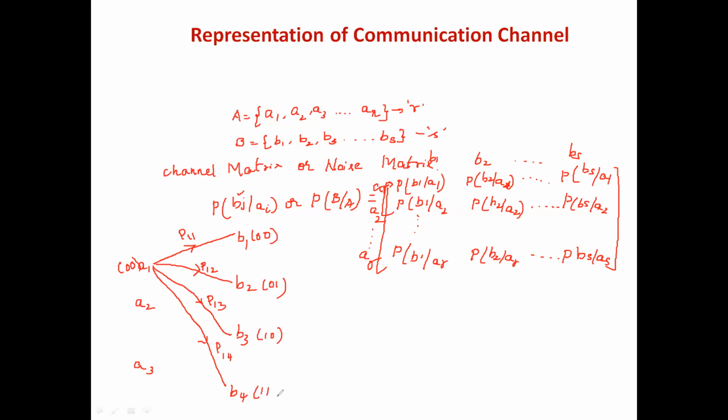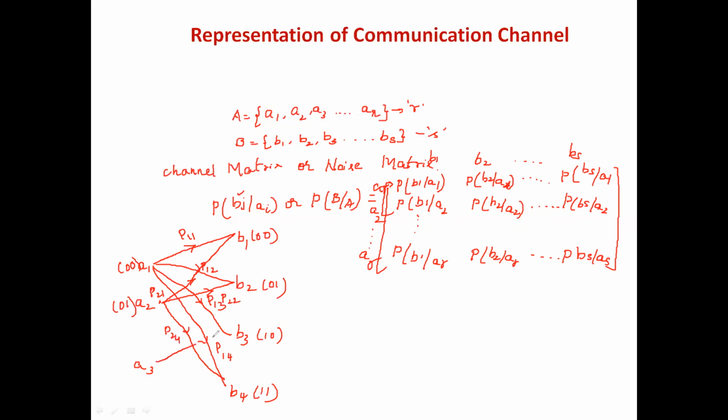Similarly, if I am transmitting A2, let the transmitted symbol contain the value 01. The probability of receiving B1 is P2,1, the probability of receiving B2 is P2,2, and the probability of receiving B4 is P2,4.